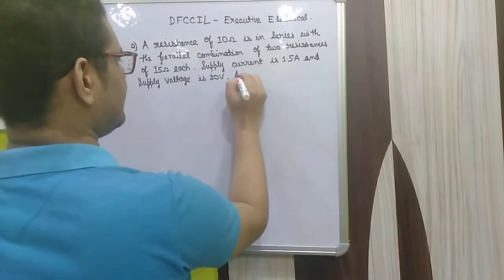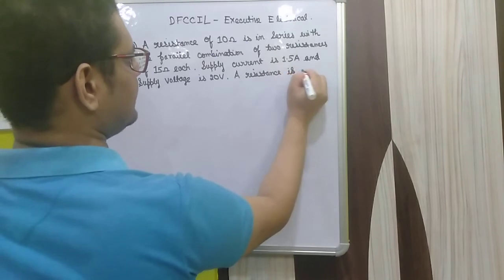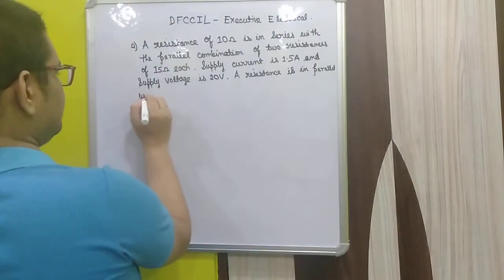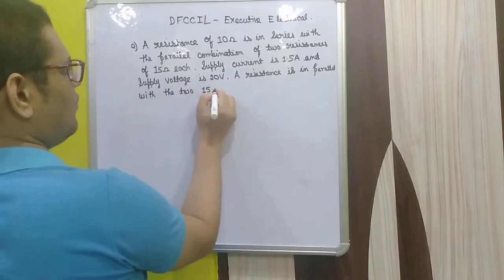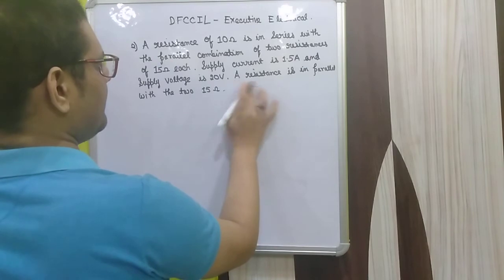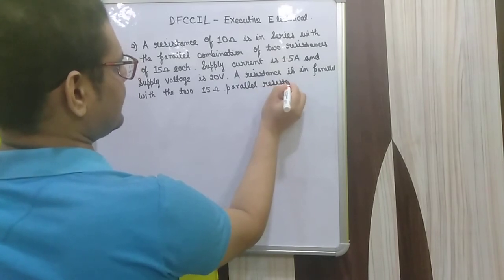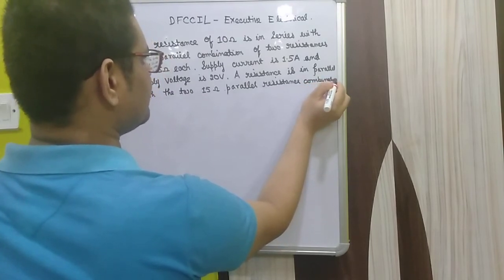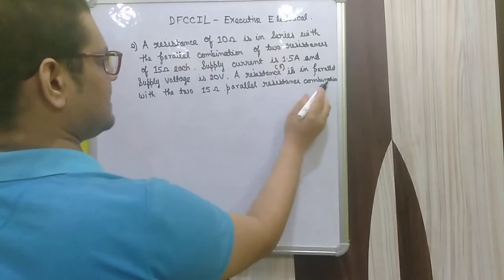So our resistance R is in parallel with the two 15 ohm parallel resistance combination.